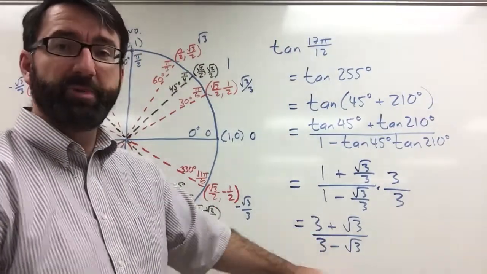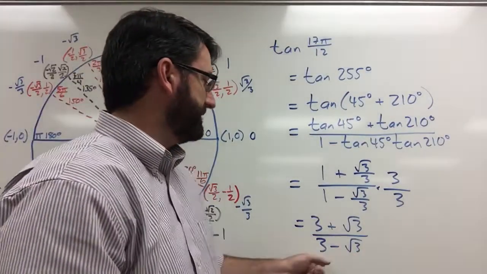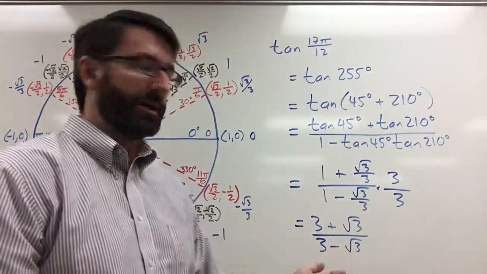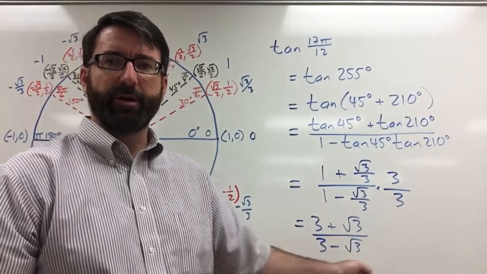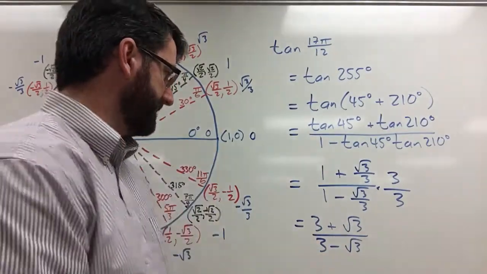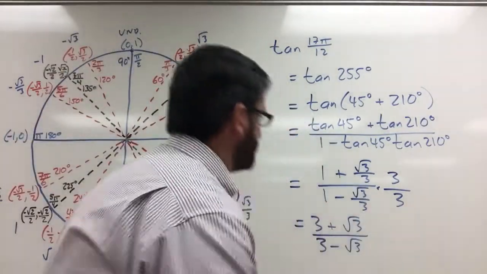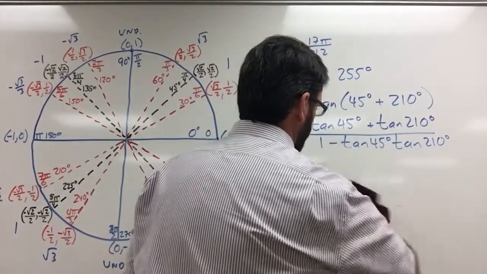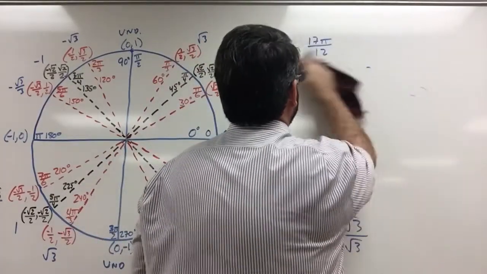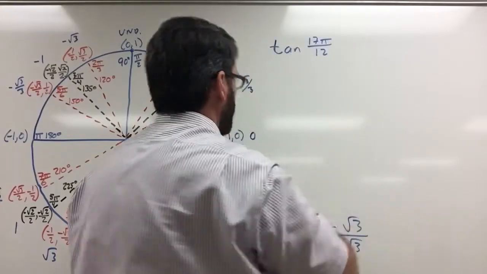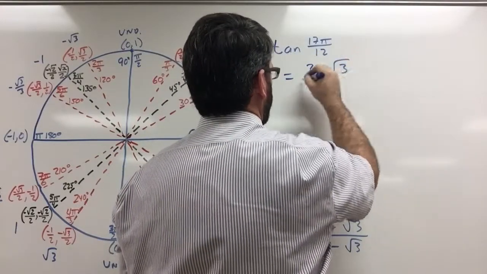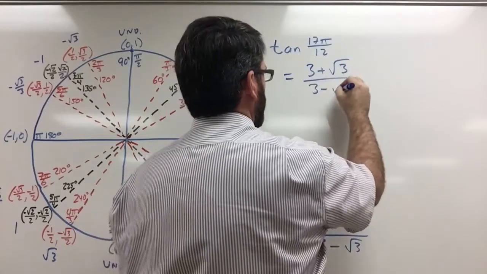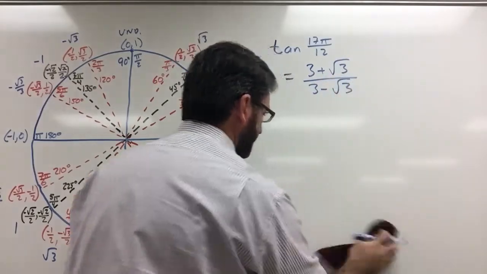We're getting closer, but we still don't want to leave our answer like this because we've got a square root in the denominator. We want to rationalize our denominator. So let me give myself some room here and put this up here. 3 plus the square root of 3 over 3 minus the square root of 3.